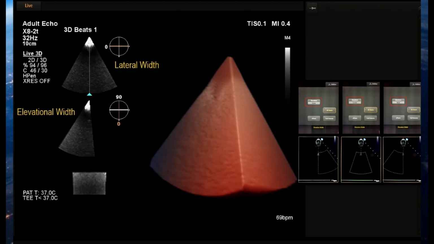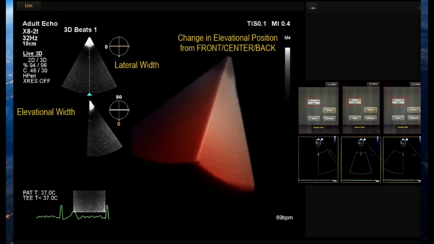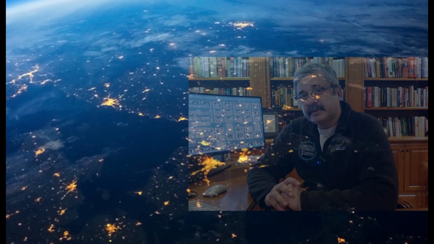And lastly is just changing the elevational position in real time by scrolling the scroll ball on the control of the machine. So in this specific patient, what we used was simply changing the elevation position from the center to the back and to the front, and achieving a very high frame rate, as you will see in the subsequent example. Let's take a look.